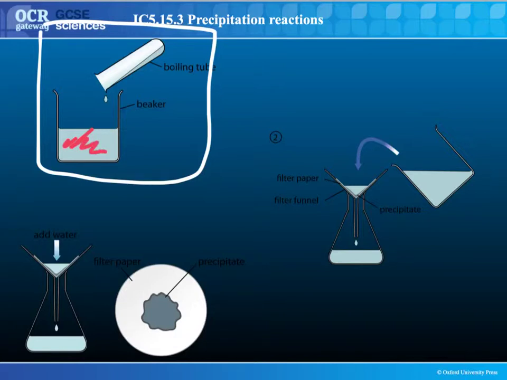Then what you need to do is filter that precipitate through a funnel. When you do that, the filtrate, the liquid, will pass through and the precipitate will be left behind in the filter paper. The last and final step is to dry the filter paper so that any liquid left evaporates away, and that leaves the dry precipitate.